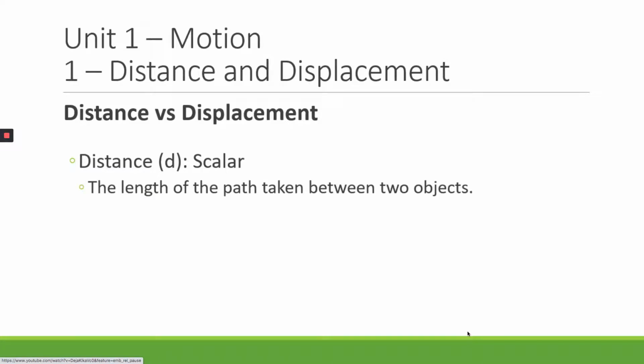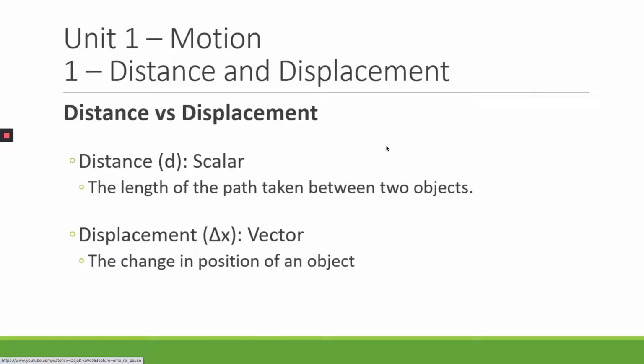our first scalar vector comparison is going to be distance and displacement. So distance is a scalar. It's the length of a path taken between two objects. So if it's just the length of the path, we are not going to care about its direction.